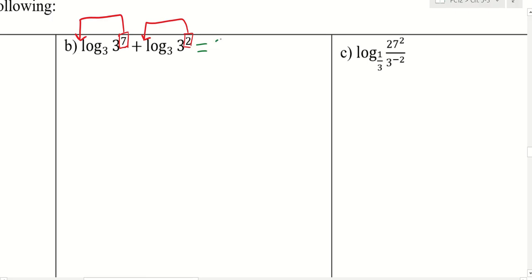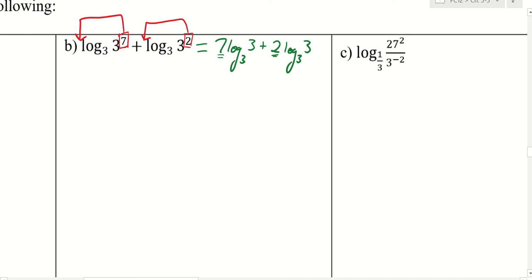So this is going to be 7 log base 3 of 3 plus 2 log base 3 of 3. Right, we took this power on the input of our logarithm and we wrote it out in front.